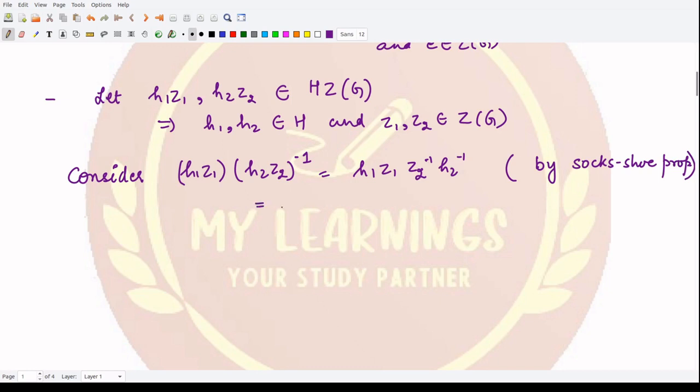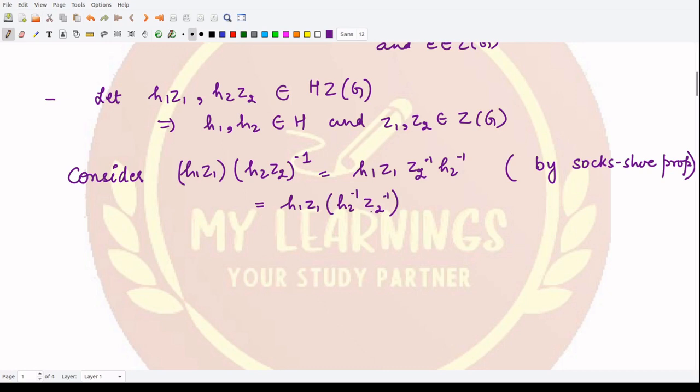Now this could be written as h1z1. We can commute both of them. Why? Because I wanted to make this come to this place, right? So for doing so, I can write it like this: h2 inverse z2 inverse. Why?